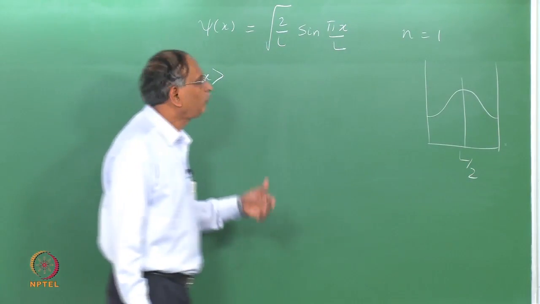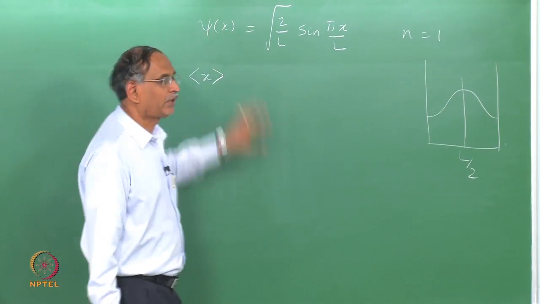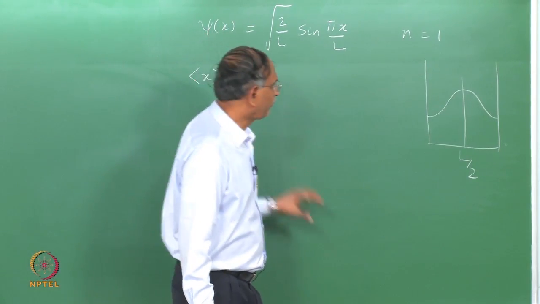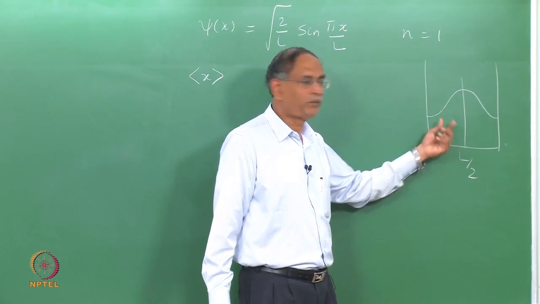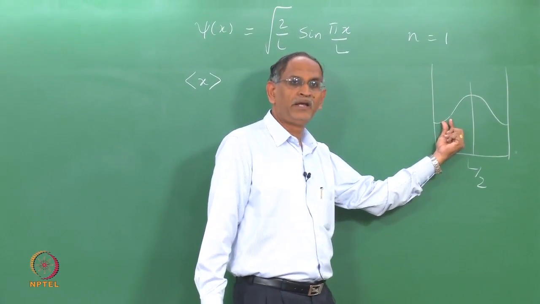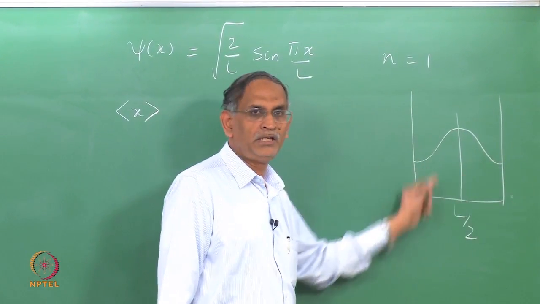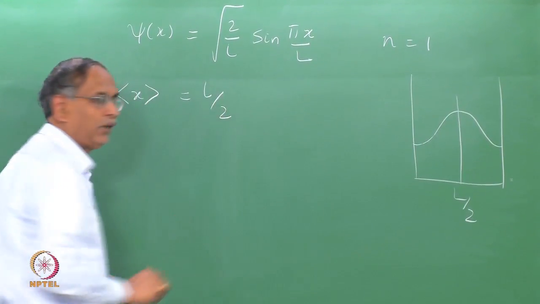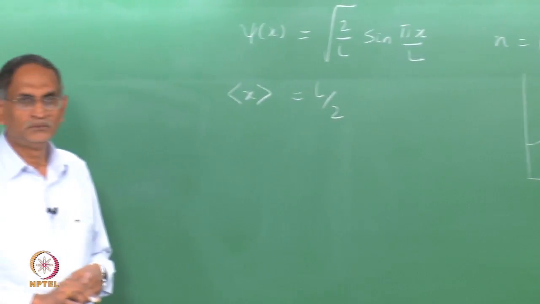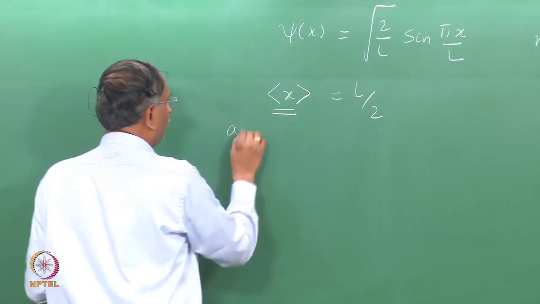It should be immediately clear that the average value for the particle position, given that these are the probabilities for the particle's position being here or here or here or here, by looking at this being a symmetrical graph, you can immediately say x should be L by 2. But that is also the expectation value, or the average value, as this is called.